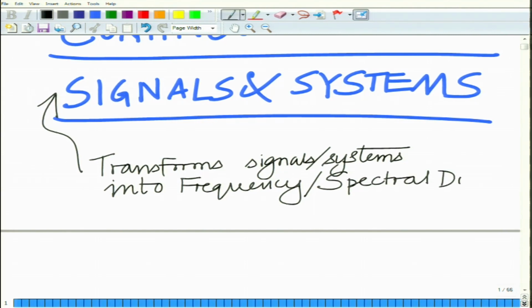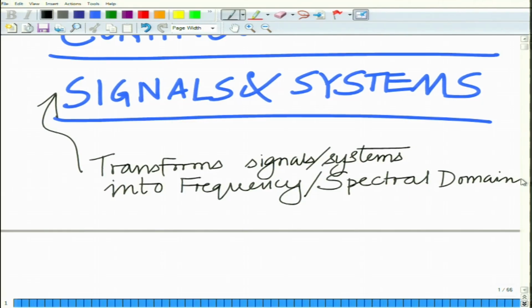It transforms the signal or a certain system, which, as we know, can also be represented in the transform domain through the transfer function. So, this Fourier transform basically transforms signals and systems into the frequency domain, in terms of their frequency components, also called the spectral domain.